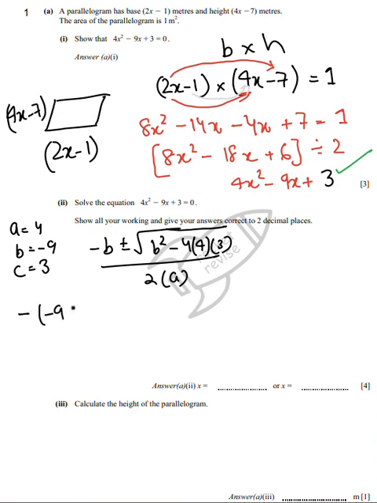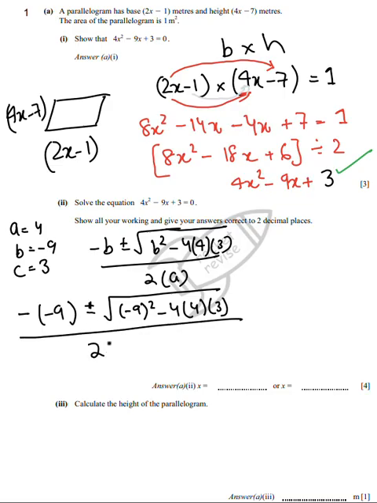Minus minus 9, because B is minus 9, be careful with that, plus minus under root of minus 9 squared minus 4 into 4 into 3, divided by 2 times 4, right?